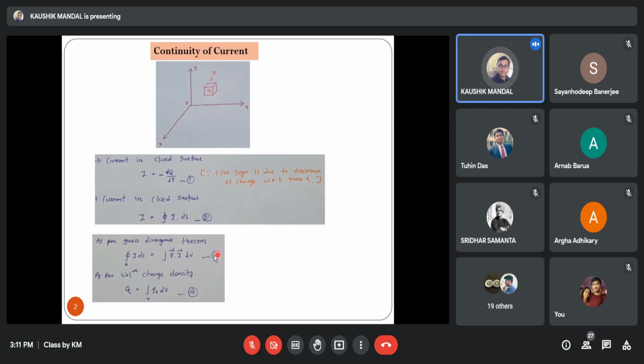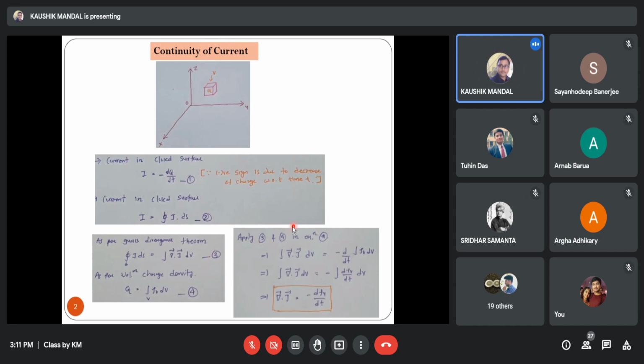So now if we apply equations 3 and 4 in equation number 1, then we can write that I equals the integral of J dot ds, which means divergence of J dv. That is equal to minus d/dt of q, and from equation 4 we get q equal to the integral of rho v dv.